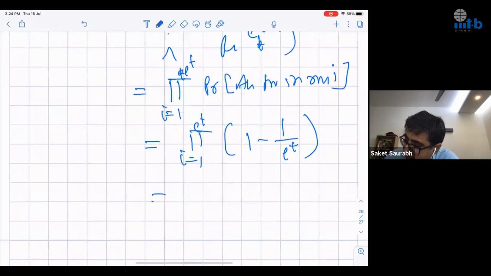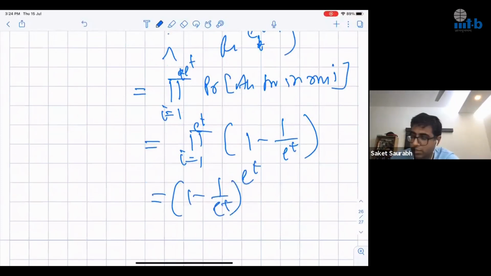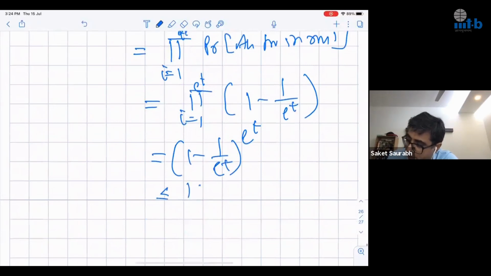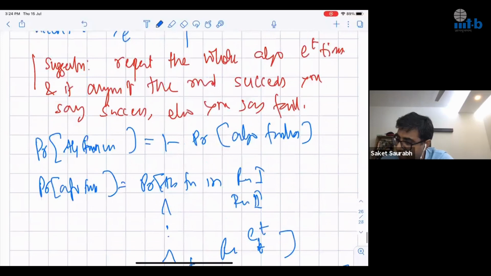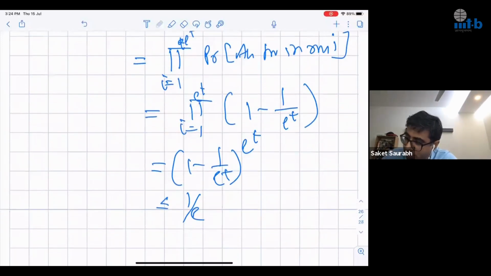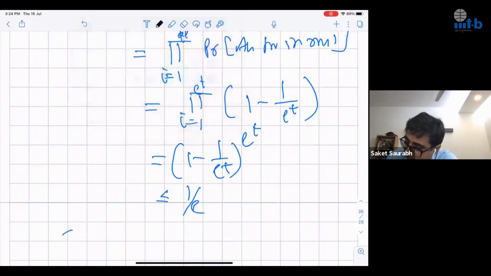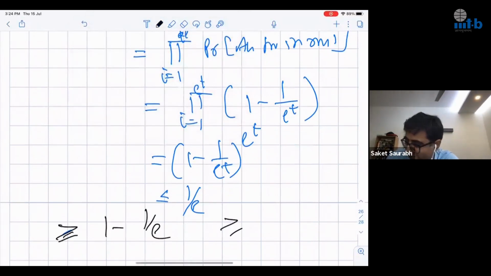Which implies that this is 1 minus 1 over e to the power t, raised to the power e to the power t, which is upper bounded by 1 over e. Which implies that we will succeed with probability at least 1 minus 1 over e, which is some constant, at least greater than half.